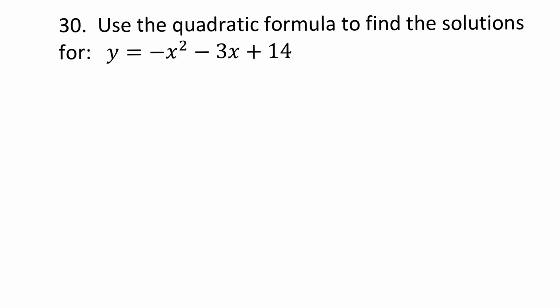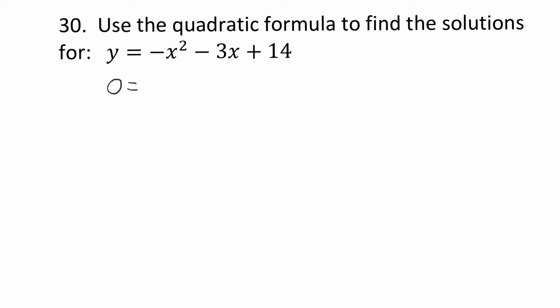30 says, use the quadratic formula to find the solutions again. All right, so here we do have y equals, that y, guys, it just means a function. So you have a function of y equals negative x squared minus 3x plus 14. So you guys can turn that y into a 0. So I'm going to put a 0 right there because that's what we need to use the quadratic formula, a 0.